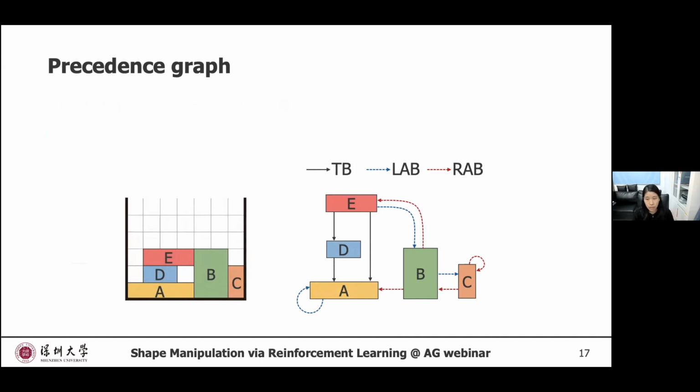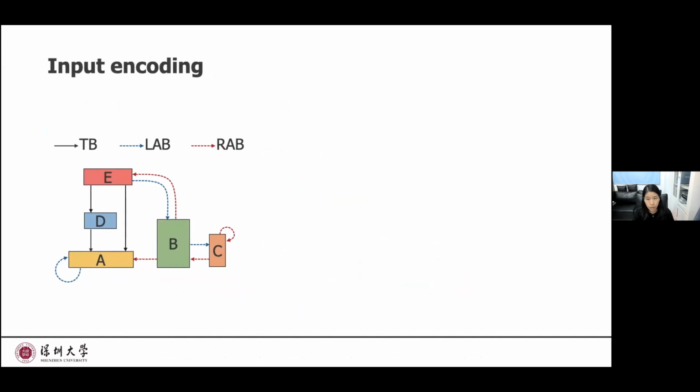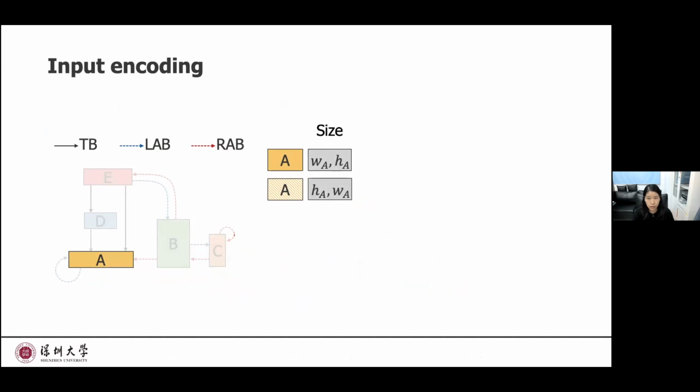To pass the information stored in the precedence graph to our network for packing optimization, we need to find a way to encode all those nodes and edges. So for each box, the original and rotated states are encoded respectively. We encode each state using its size and encode the precedence information using binary codes.